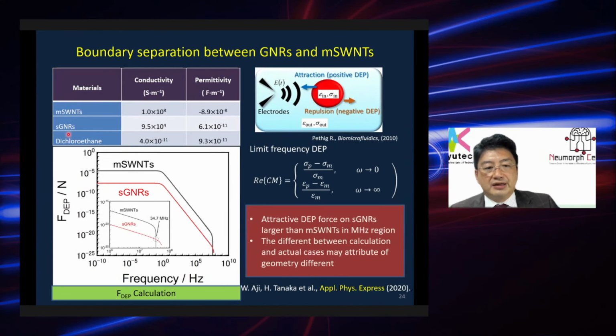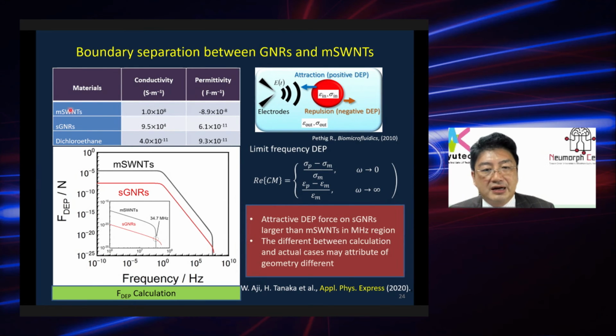So this is a simulation to know why we succeeded to pick up only GNR. In the case of the DEP force, when the frequency is 0, conductivity is dominant, and when the frequency is infinity, permittivity is dominant, like this.